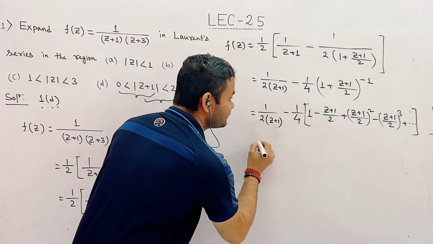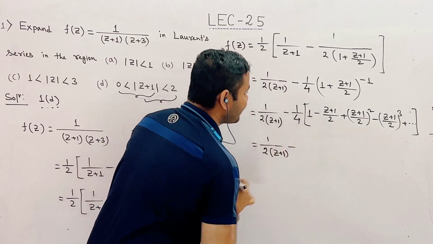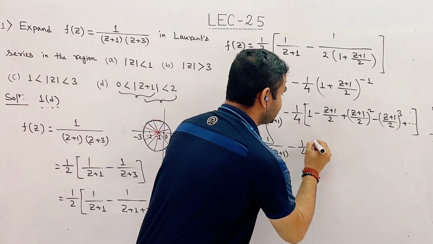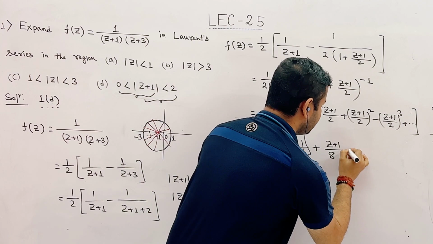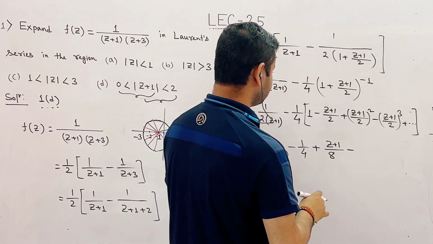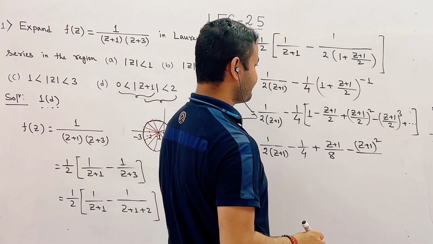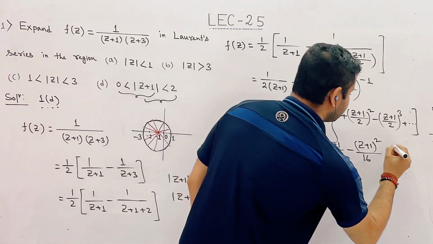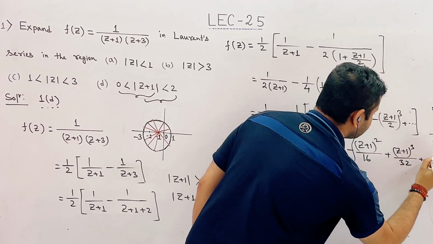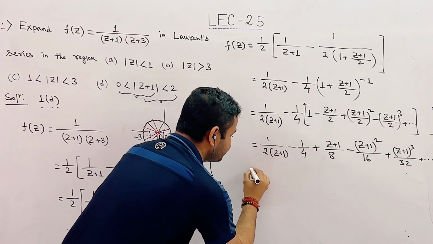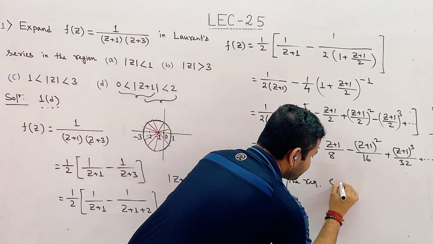So, finally, we will get 1 by 2 into z plus 1 minus 1 by 4 plus z plus 1 divided by 8 minus z plus 1 whole square divided by 16 plus z plus 1 whole cube divided by 32 plus dot dot dot, which is the required expansion.